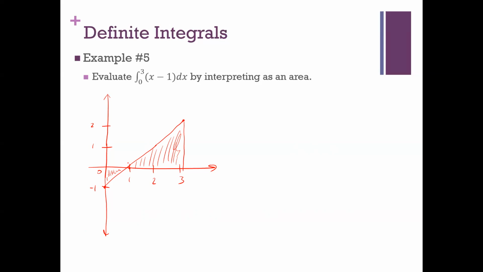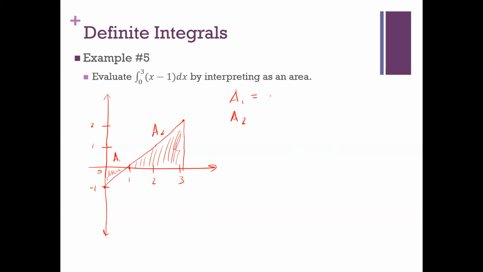That's this area right here. Yeah, so let's do 2. We do area 1, area 2. Area 1 on the left, area 2 on the right.